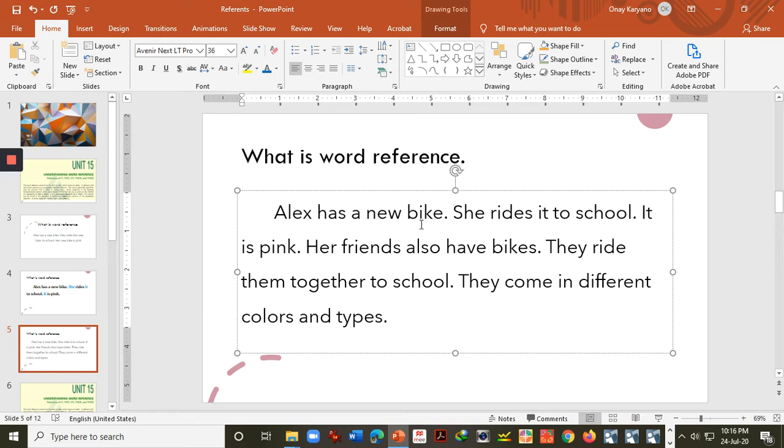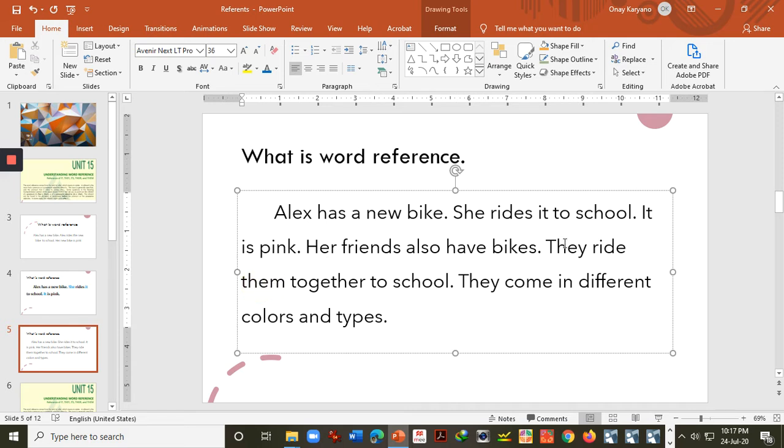Look at this other example. Her friends also have bikes. So here when we say they and them, they also refer to things. But if we pay attention carefully, we can find out that the word they here is actually different from the word them here.